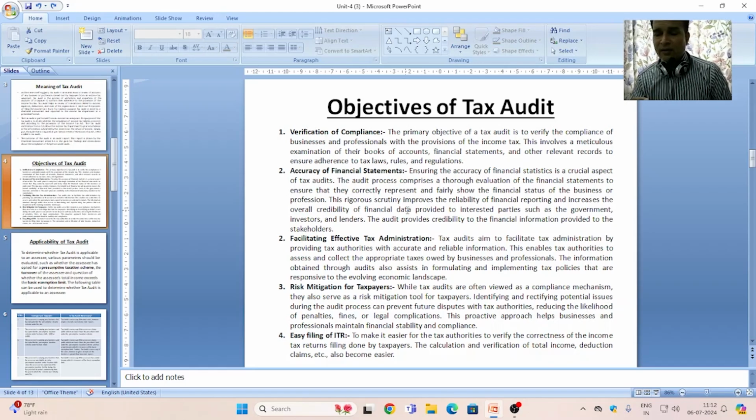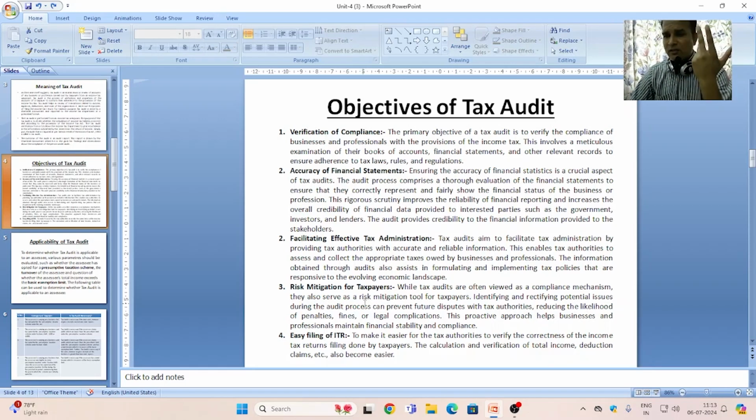The objective may be tax administration. With the help of tax audit, information regarding the deductions, rebates, income and expenses is very much clear. And with the help of clarity in data, tax administration may be very effective for the tax authorities.